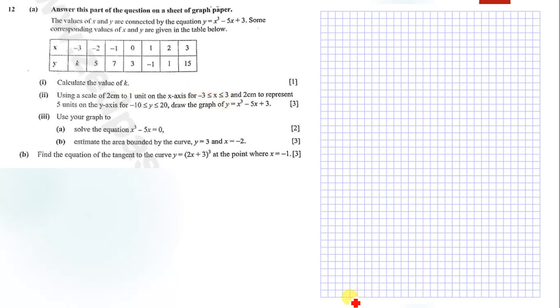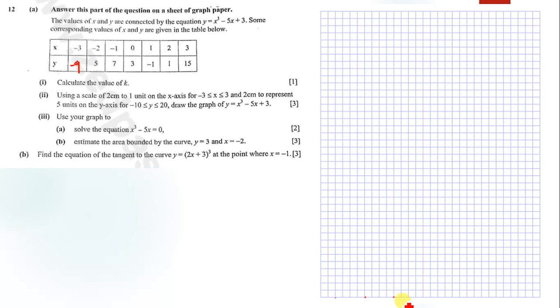So we have 1, 2, 3, 4, 5, 6. I'll move it a bit this side. Don't forget we have -9. So I'll start from here. 1, 2.